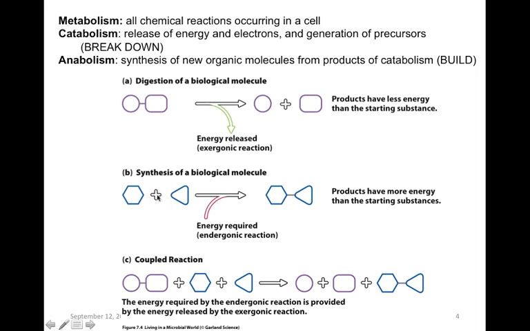Anabolism is when you have the generation of a new molecule, so you're building a molecule, and that requires energy. So that's an endergonic reaction, whereby it requires energy for it to proceed. And most of the time, these reactions would be coupled, so that the energy released from breaking one bond or breaking down one molecule can be used to build another molecule. So they're coupled.